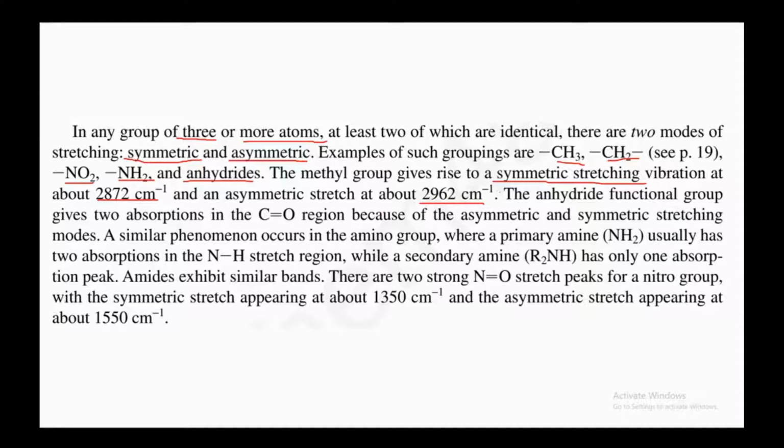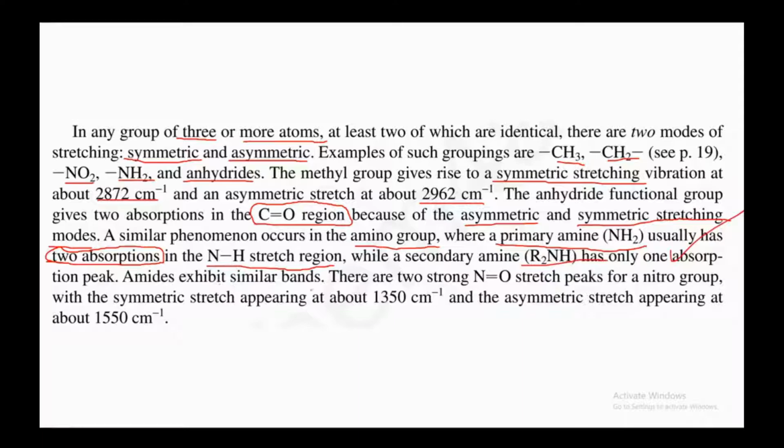The anhydride functional group gives 2 absorptions in the carbonyl region because of the asymmetric and symmetric stretching modes. A similar phenomenon occurs in the amino group, where a primary amine NH2 usually has 2 absorptions. That's a key point: 2 absorptions in the NH stretch region, while a secondary amine has only 1 absorption peak.